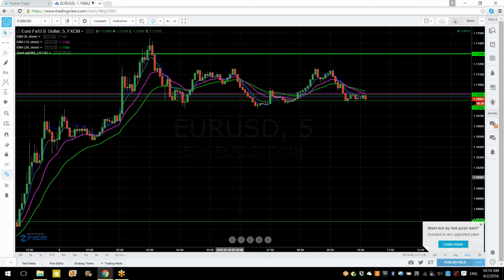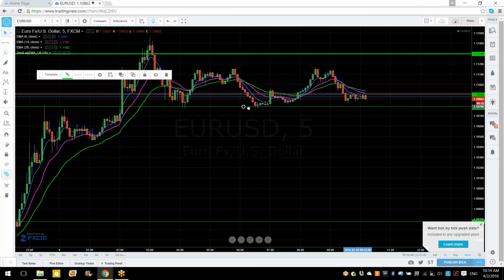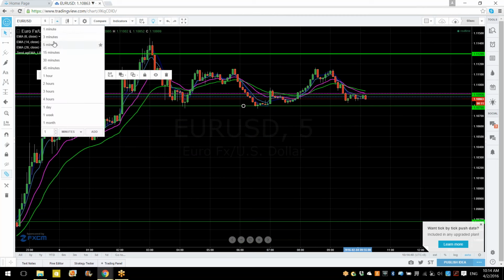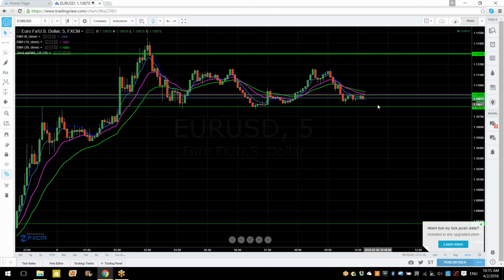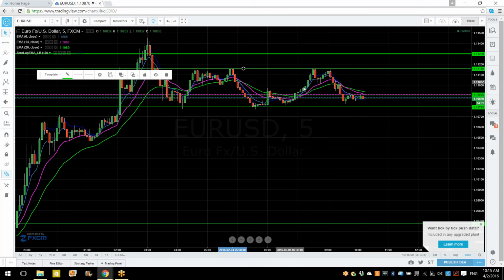It is better to draw the support and resistance lines on a 5 minute or 10 minute chart. Here you can actually draw support for 1, 3, 5, 15, 30 minute, different kinds of time frames. I have drawn my support and resistance here, this one and also this one right here.